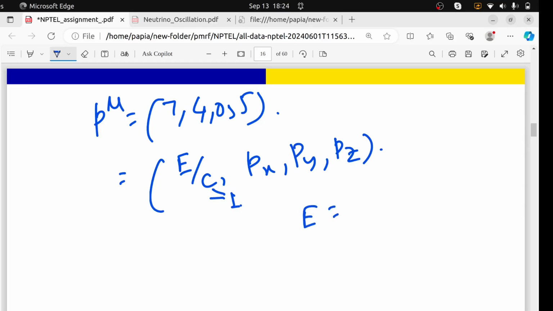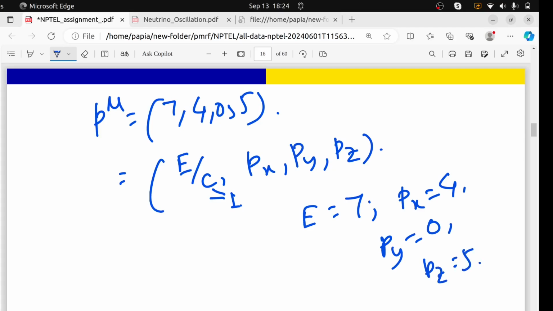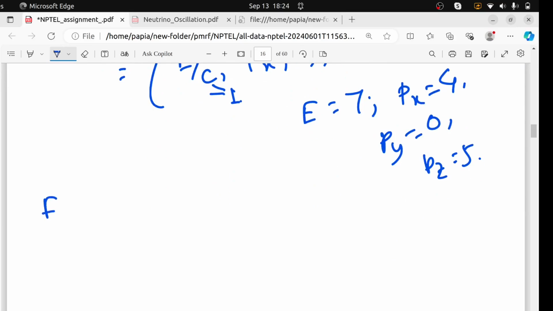So here I can write E equals 7. Obviously there is some appropriate unit, but we are not taking care of that right now. px is 4, py is 0, pz is 5. Now E squared is 7 squared, which is 49.